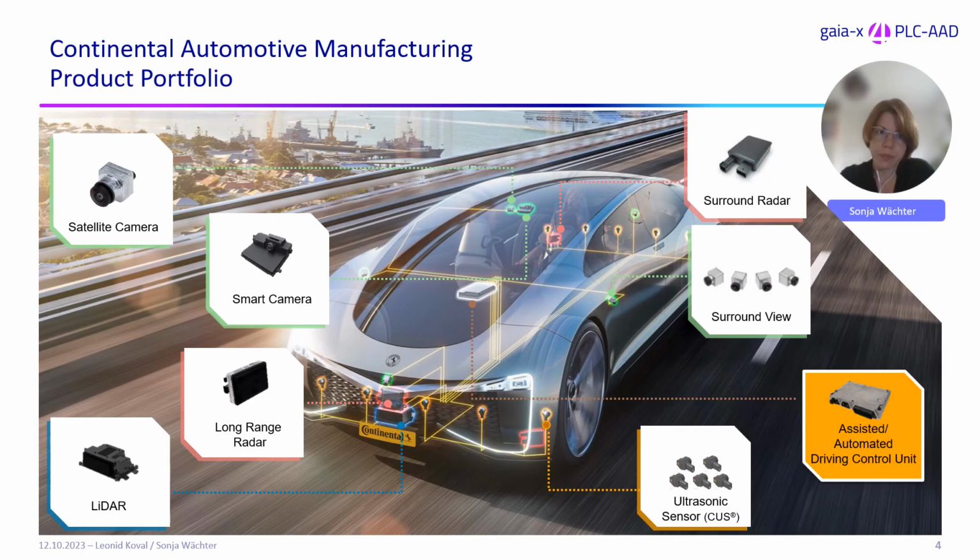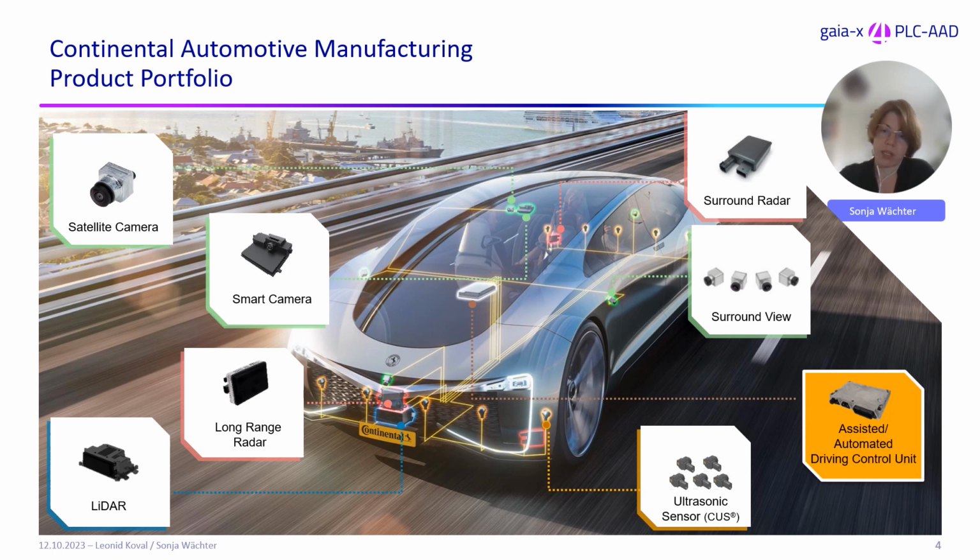Let's start with the product portfolio from Continental. Continental is a global automotive supplier, and in the business area autonomous mobility, driver assistance systems and the sensors required for these functions are manufactured. And here we can see an overview of the sensor categories and where they are installed in the vehicle.